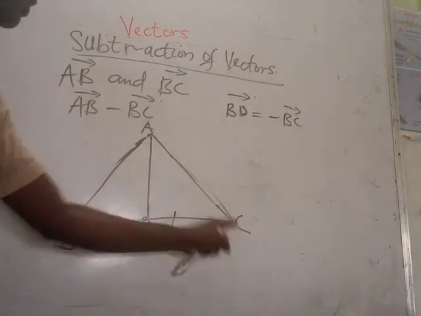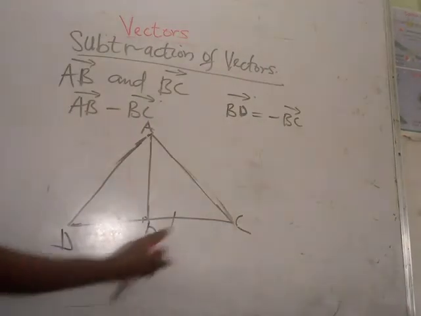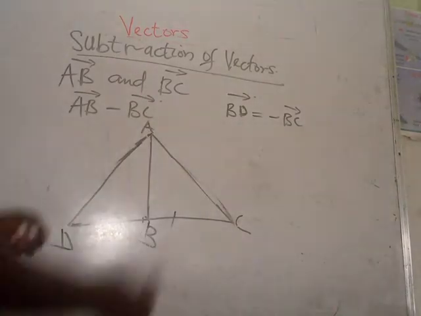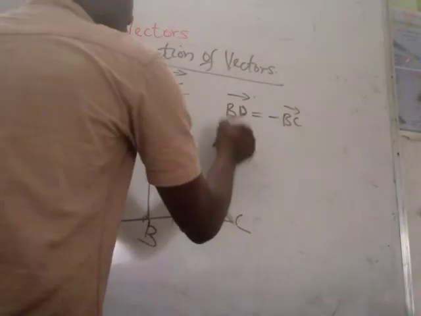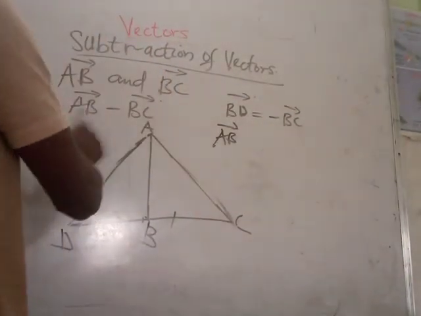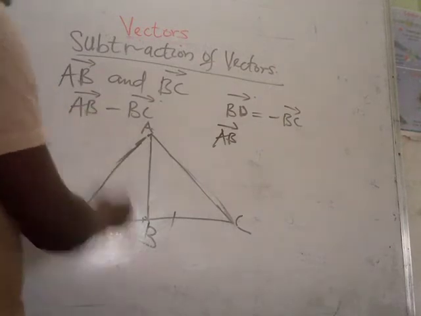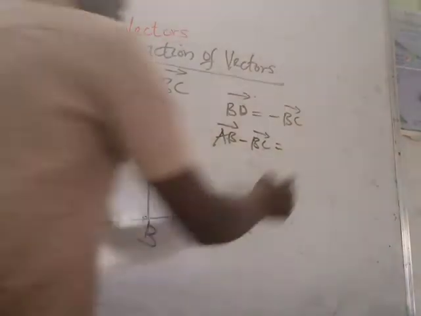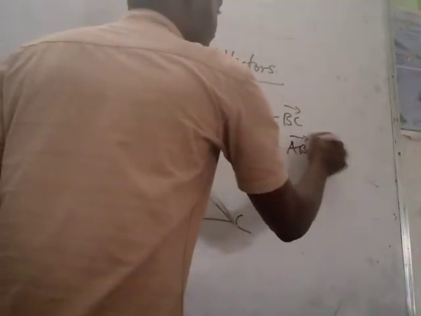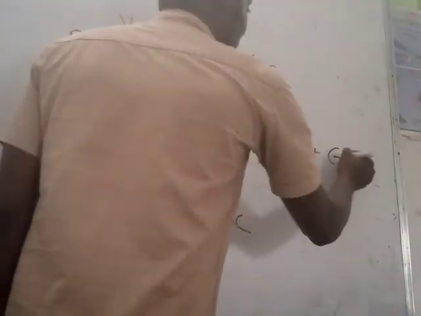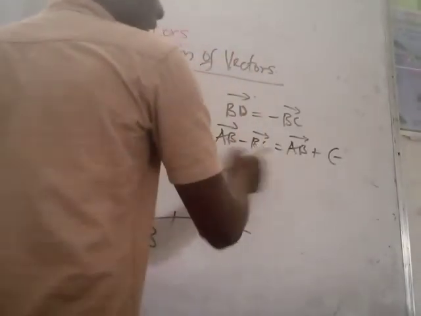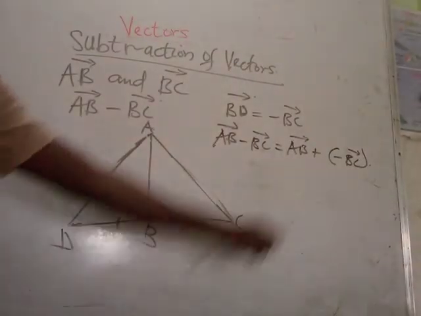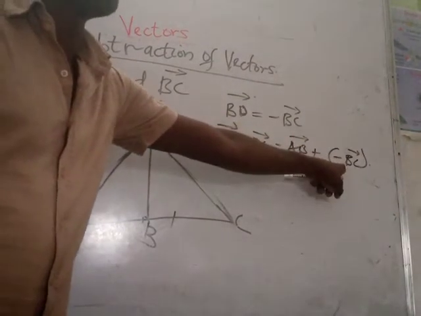So BD is the negative vector of what? BC. So I wish to look for the difference between these two vectors. AB minus BC is actually the sum of AB plus the negative vector BC.